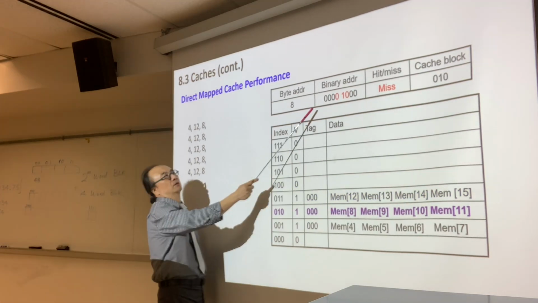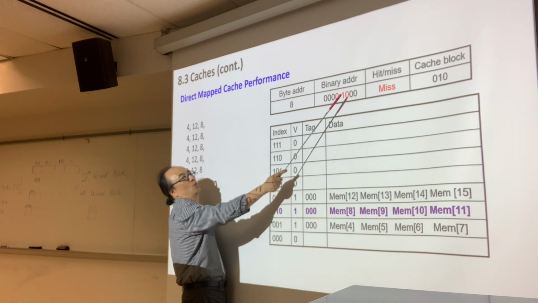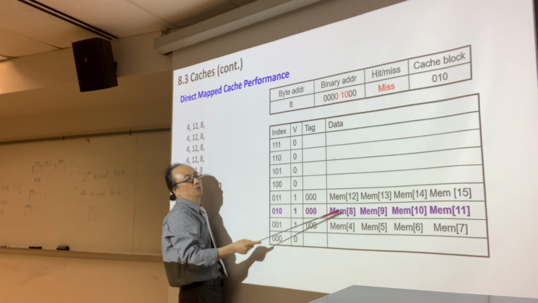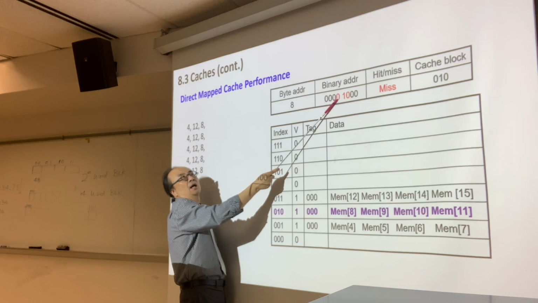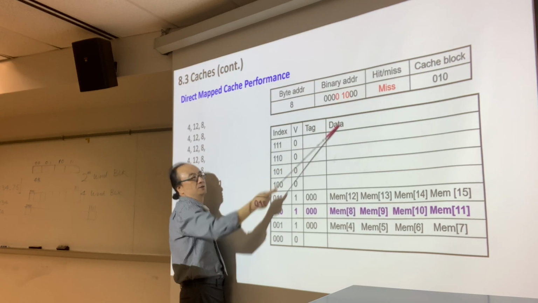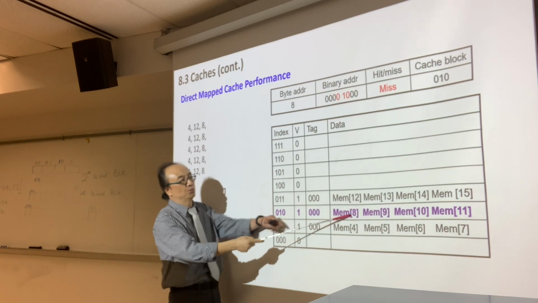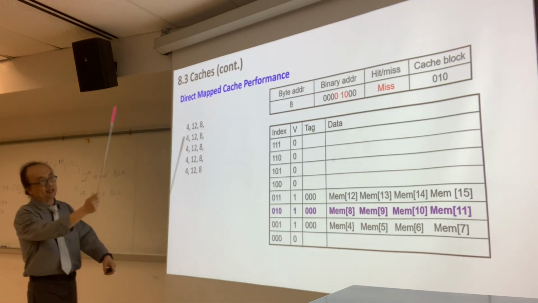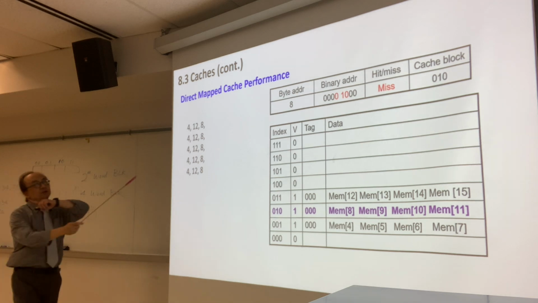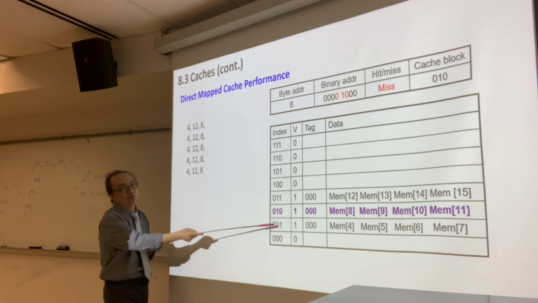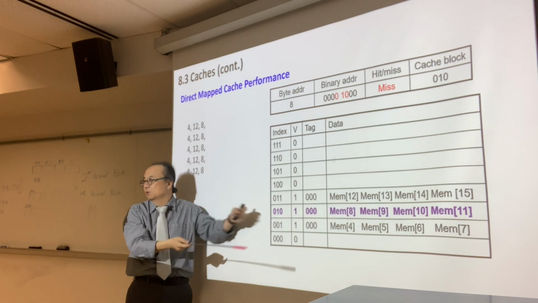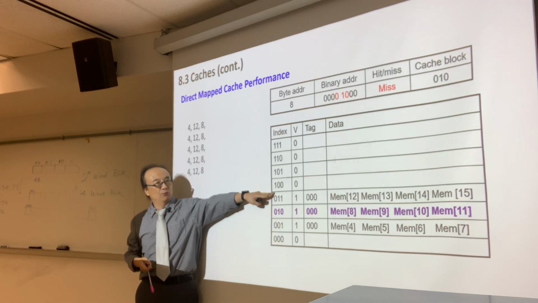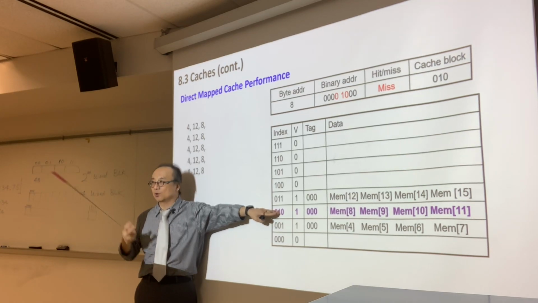And 8, we have 00001000. Again, offset is 0. And then the index is 010. And I need to bring my buddy 9, 10, 11 together. So that's that. After this, okay, that's the first 3 times we have a miss because there was no content of the cache. So that was a miss, that was a miss, this is miss, 3 misses.